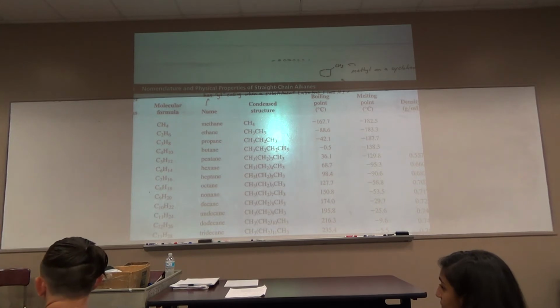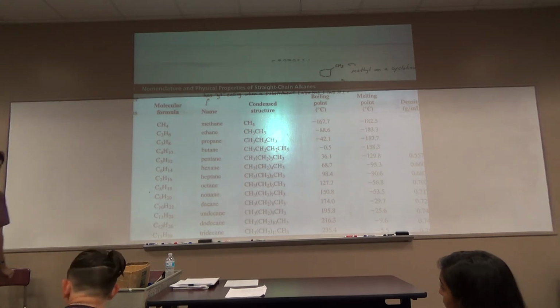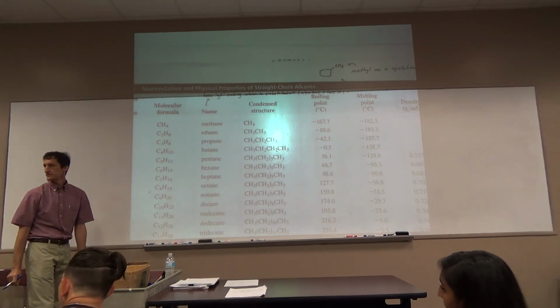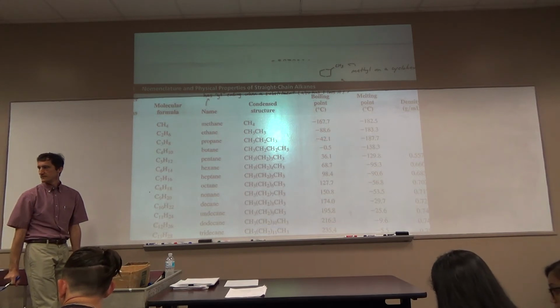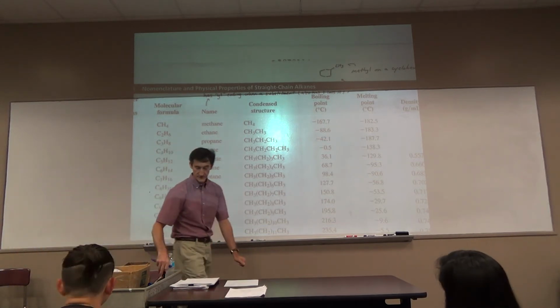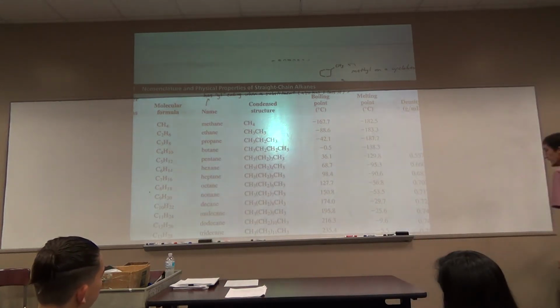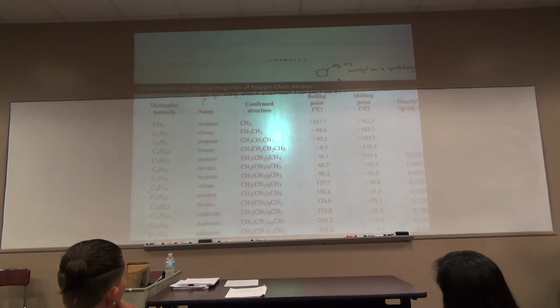Question: when you're saying there are common names for certain groups, like isopropyl, isobutyl, one of them had an acronym but she didn't use it. Well, it's a common name. IUPAC doesn't really use common names. IUPAC is standardized, it's not a common name.